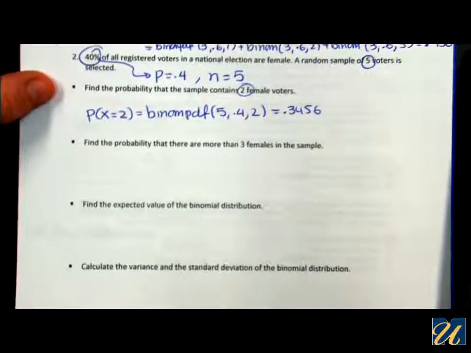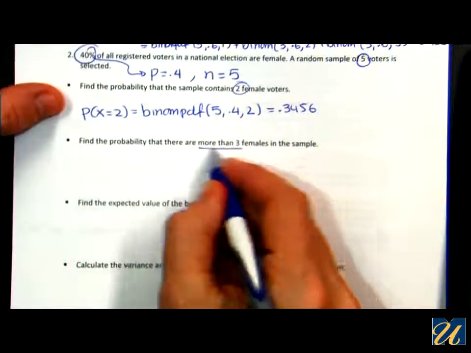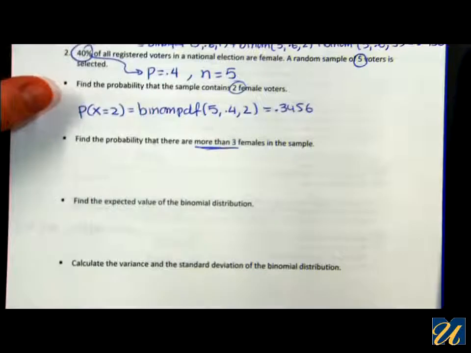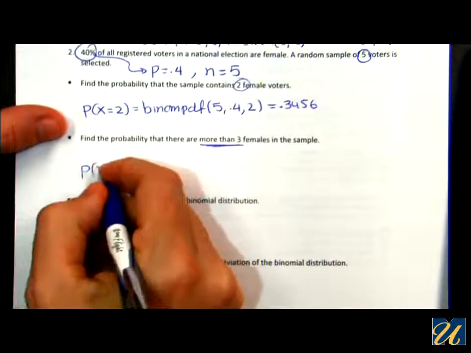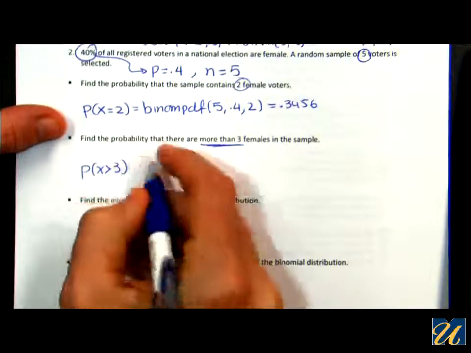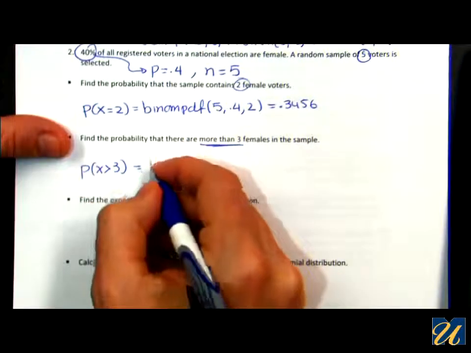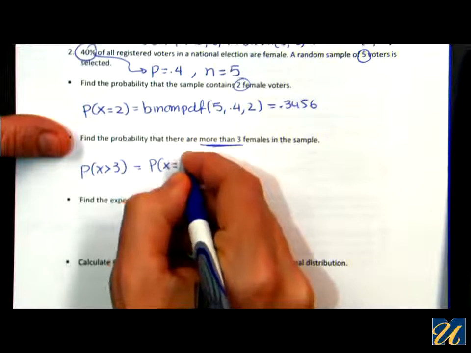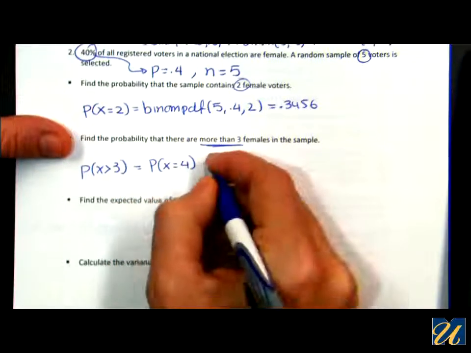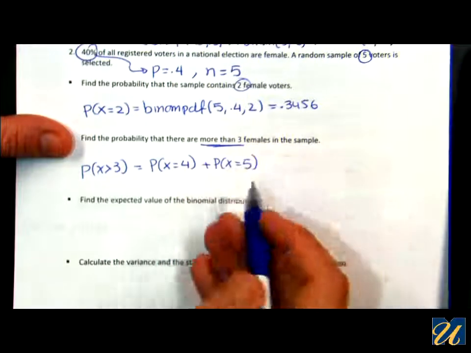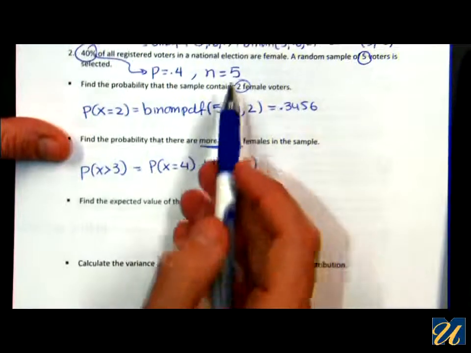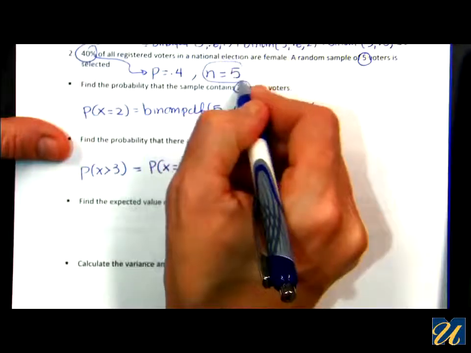Find the probability that there are more than 3 females in the sample. Keyword, more than: X greater than 3 means that this will be equal to the probability of X equal to 4 plus the probability of X equal to 5. I stop at 5 once again because the sample size is 5.